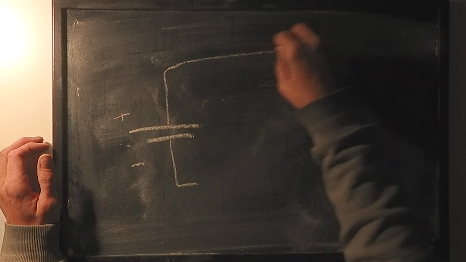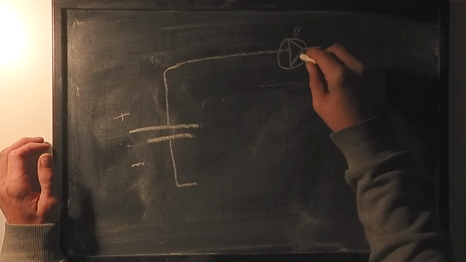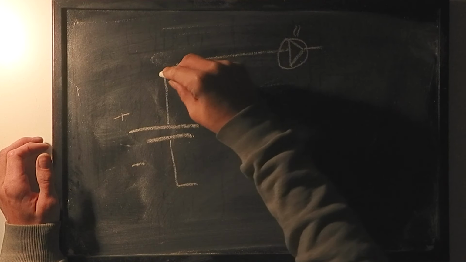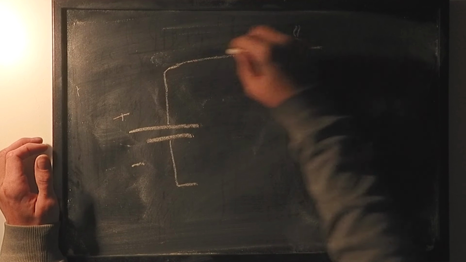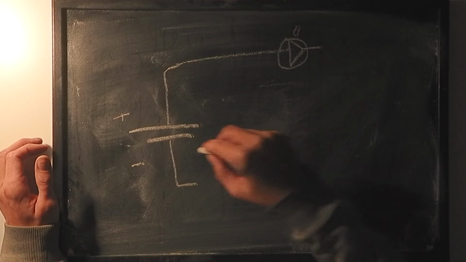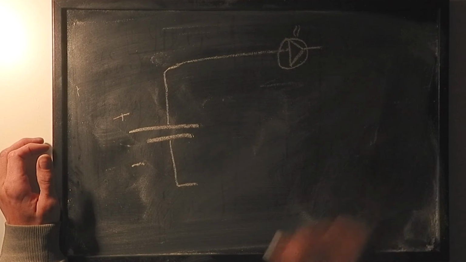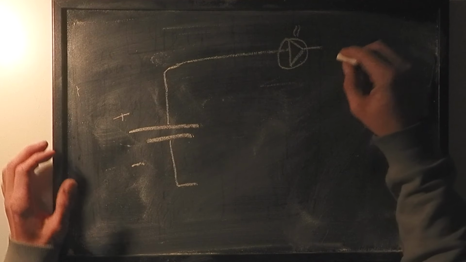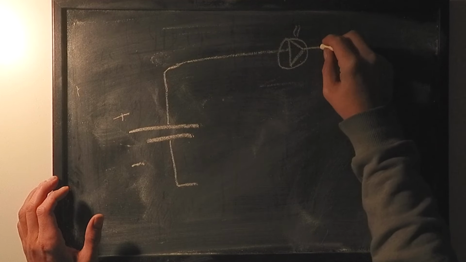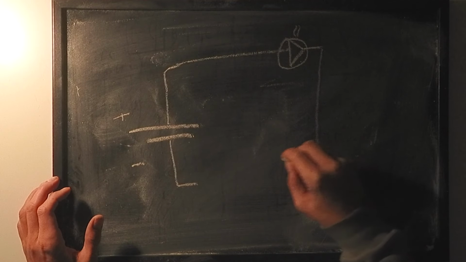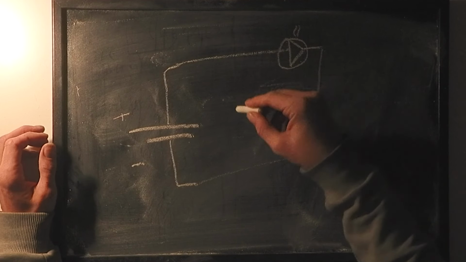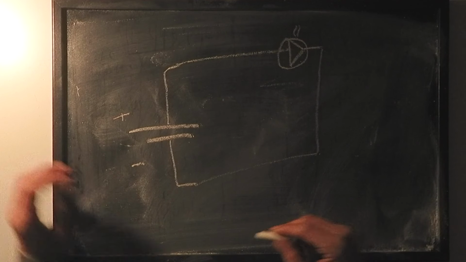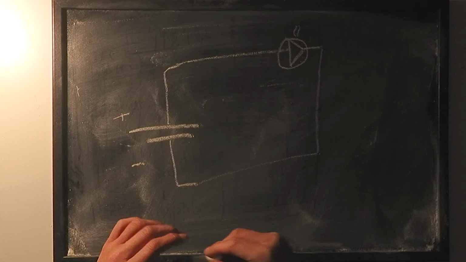So this component will only let the electricity go one way. So if you turn this on the wrong side, it will not let the electricity through. And if you were to connect it like this, it would be too much power running through this LED, so it would probably break.